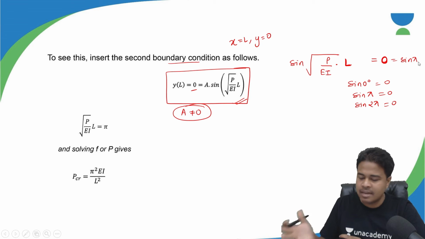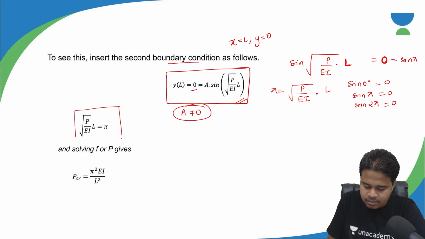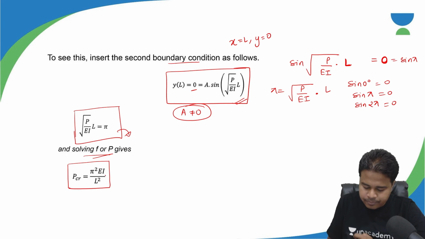So I can write pi is equal to root P upon EI into L. Now solve for P, and you will get P equal to this, and this is known as P Euler or P critical.